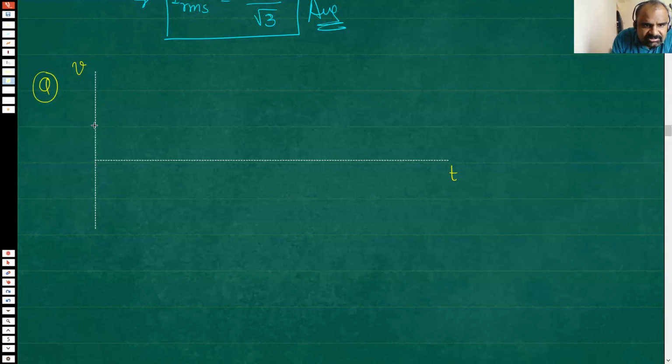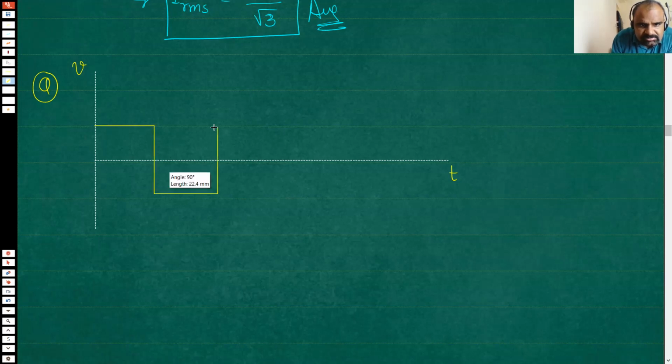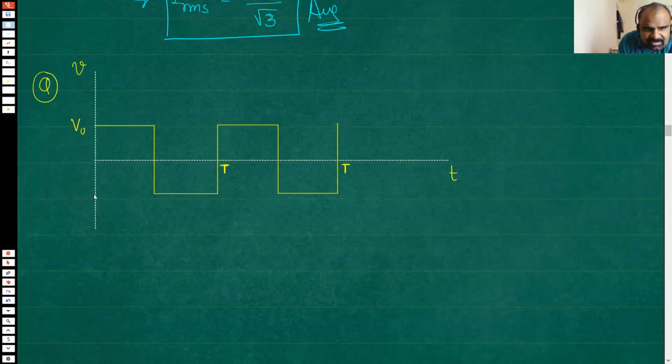Yeah, the function is this. Of course, it's symmetrical. This is one capital T. This is another capital T. And of course, it keeps on going like this. This is capital V naught, and this will be minus capital V naught.